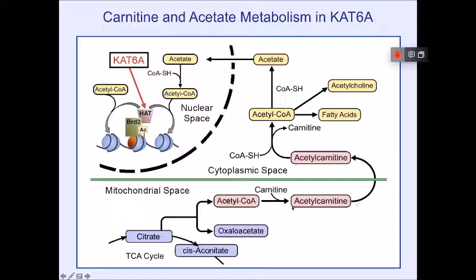But just showing a diagram here, giving carnitine enhances the transfer of acetylcarnitine from out of the mitochondria into the cytoplasmic space, so between the mitochondria and the nucleus. And then it can go through a couple more steps to generate acetate, again, the acetic acid or vinegar, and that can make acetyl-CoA.